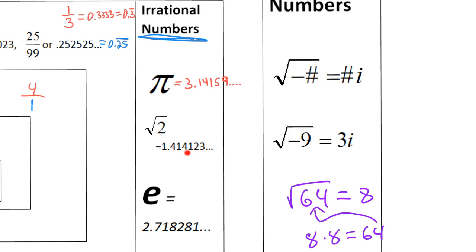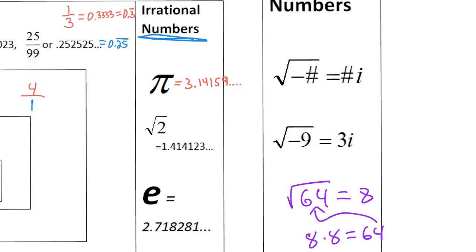Even though you see those only 2 times after the 3 here, you don't see those numbers again, the 4, 1, 4, 1, 4, 1. So it is irrational because it's not repeating and the decimal doesn't stop. It keeps going and going. Now if you try it in a calculator, a calculator can only give you so many numbers. It's not going to give you 1,000 numbers after the decimal.